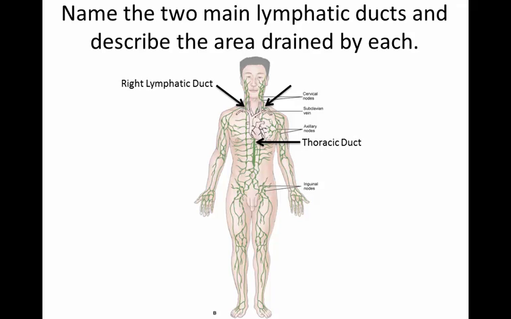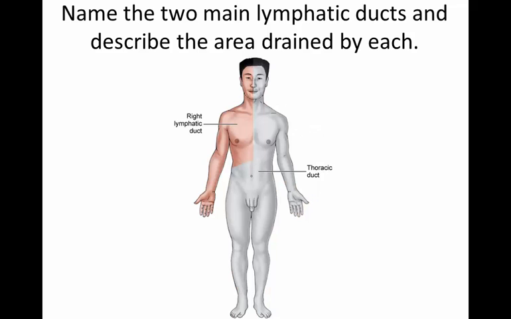So we have these two major ducts, and one might think that, well, the right lymphatic duct drains the right side of the body and the thoracic duct maybe drains the left side of the body. But this system is unique in the sense of taking a look at this person's body, the right lymphatic duct only drains the upper right quarter of the body. The thoracic duct drains approximately 75% of the body's fluid.